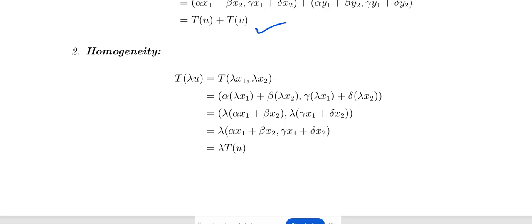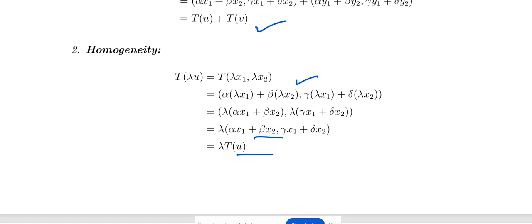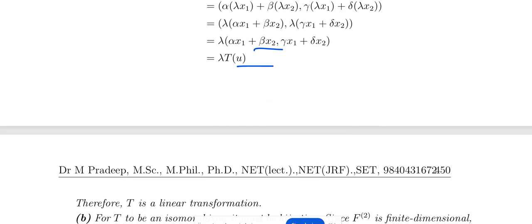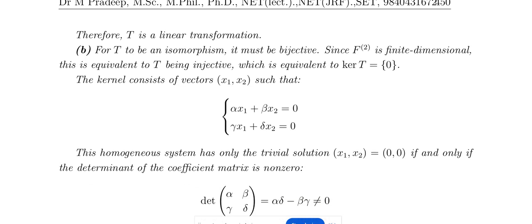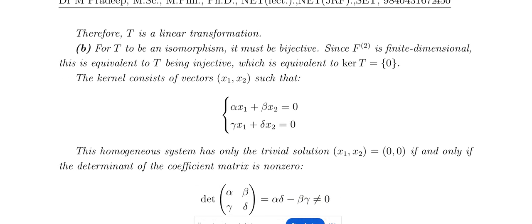That is a very simple property; taking the scalar outside gives you the answer. So this is the homomorphism, this is the transformation.